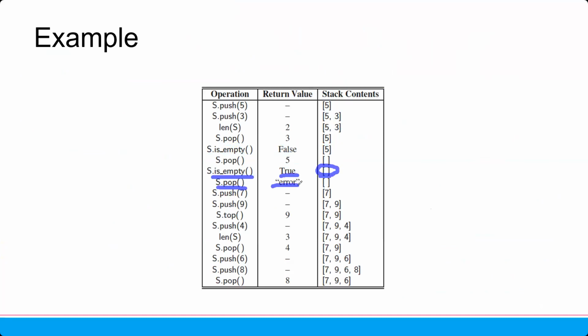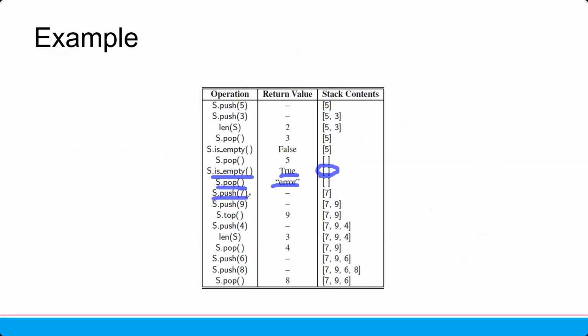It will be an error because the stack is empty. So we need to do something. If you want to handle this error, we can use raise, try, catch. So the program will give the error message without stopping the program.